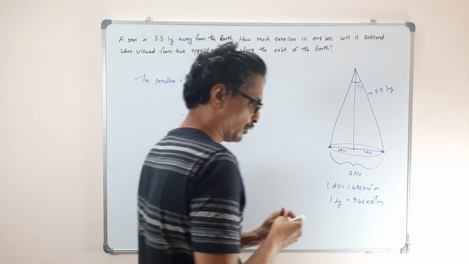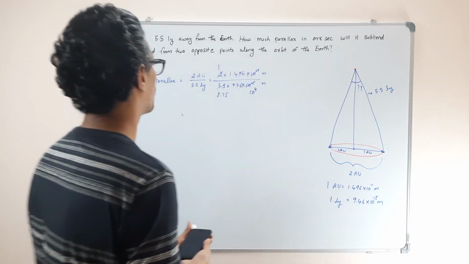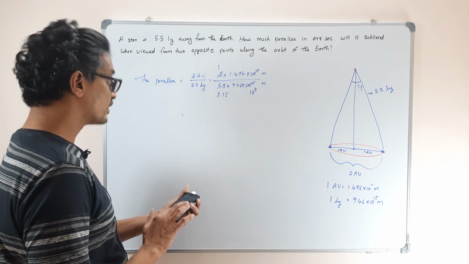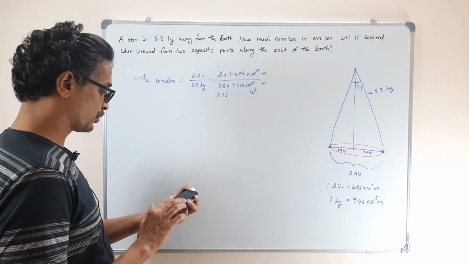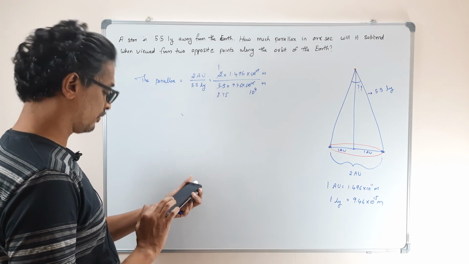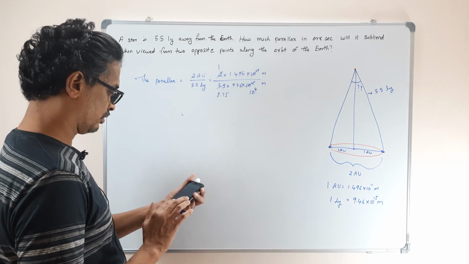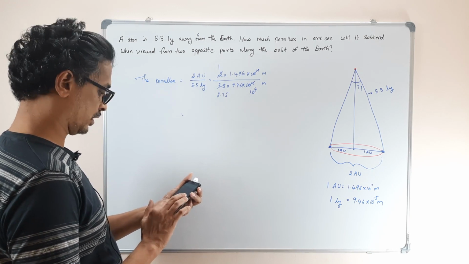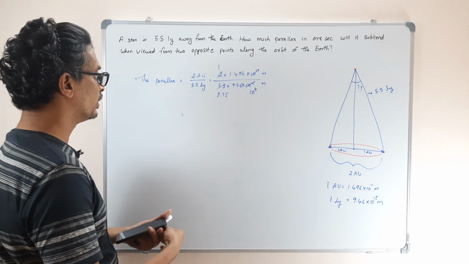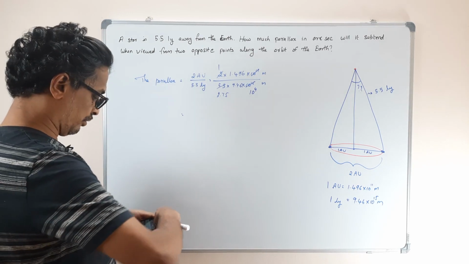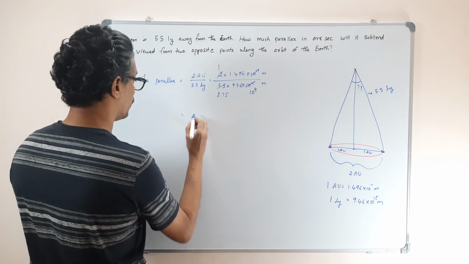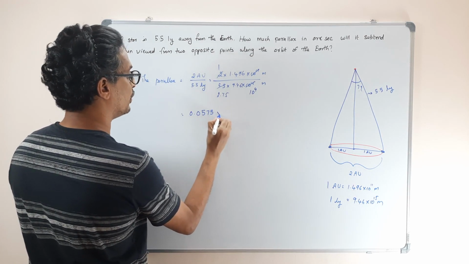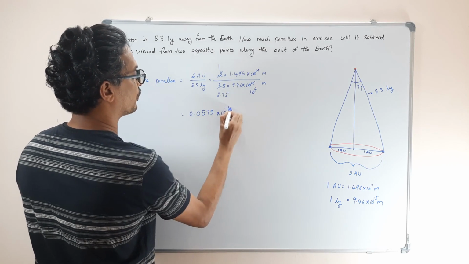Here we will use a calculator, but in your exam you can't use a calculator, so you have to keep practicing it and do it fast. 1.496 divided by 9.46 is equal to 0.0575 into 10 to the power of minus 4.